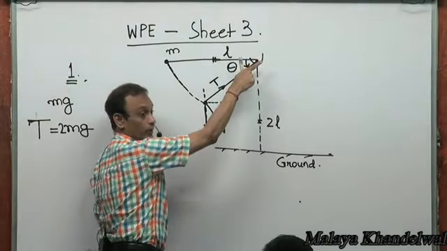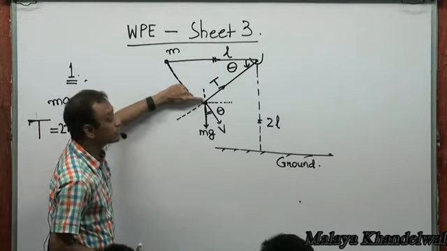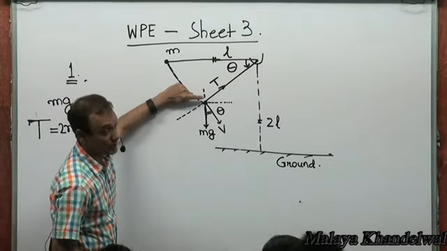Now, if the string makes an angle theta with the horizontal, the perpendicular to the string will make an angle theta with the vertical, yes or no? So this angle will be theta. Do you realize that the bob at this instant requires centripetal force?